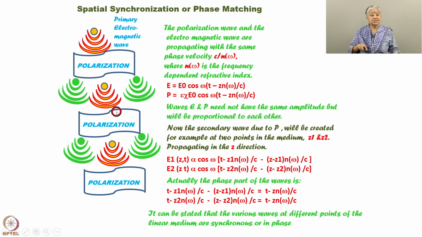For now, just assume that P is also creating certain secondary waves with a frequency omega, and the primary wave with frequency omega still remains, and that again is creating new polarization.